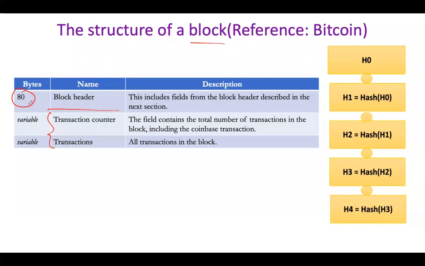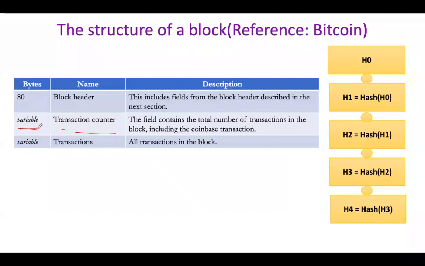This header field includes the fields from the block header that is described in, we will discuss this in the next structure. But this header field includes the previous hash value, nonce, timestamp, and the block hash and the Merkle root, and the number of transaction counters in that.